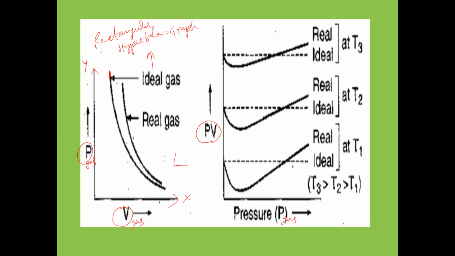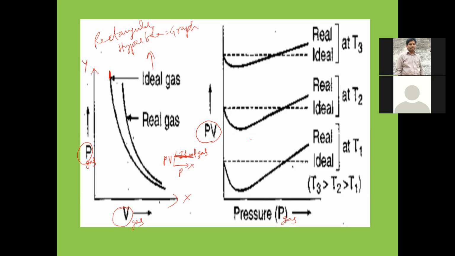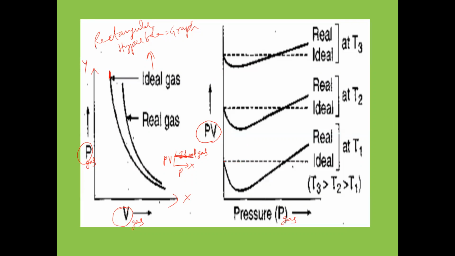We get a straight line parallel to the x-axis. For which gas? Ideal gas. When you plot a graph of PV versus P, for the ideal gas we get a straight line parallel to the x-axis. In this case also, the dotted line is indicating ideal gas.